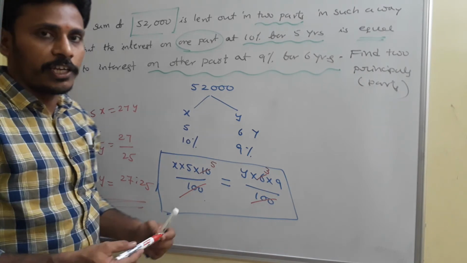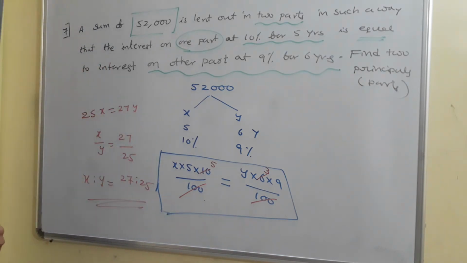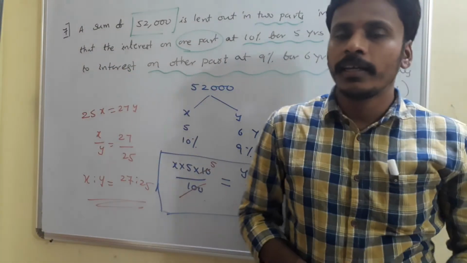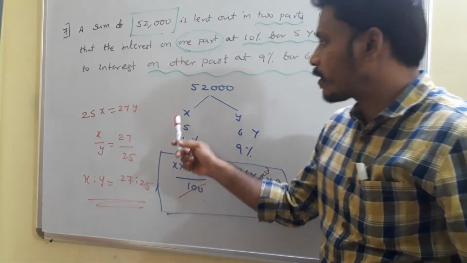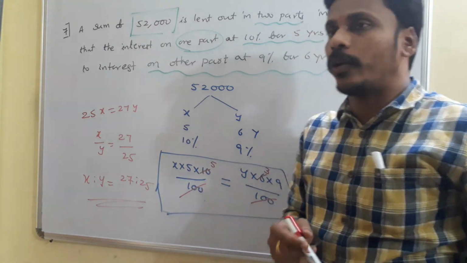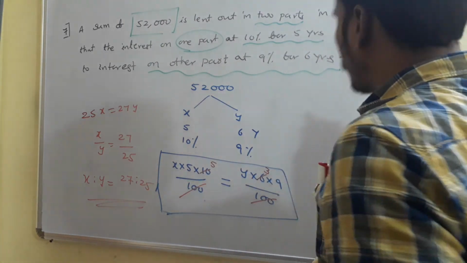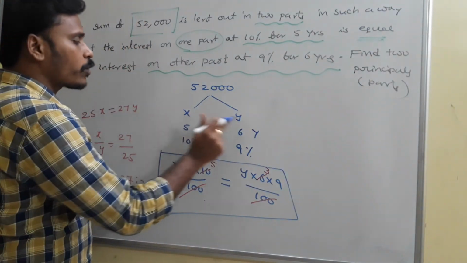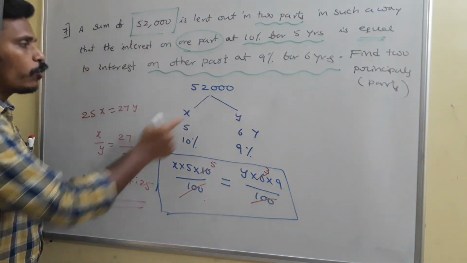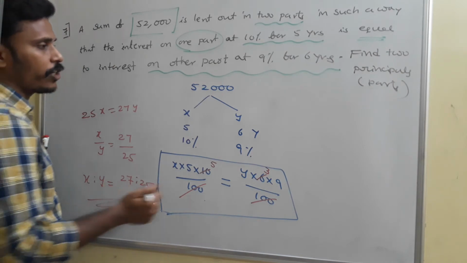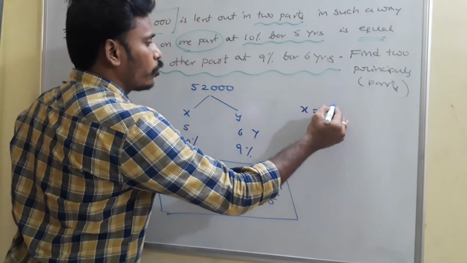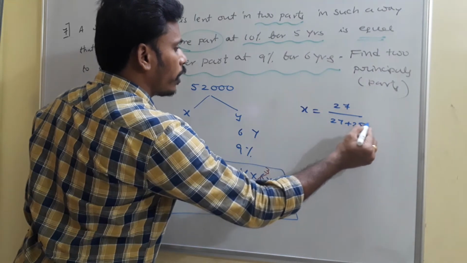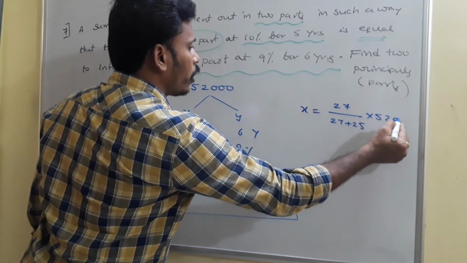So from this relation, since the interest amounts are equal, the ratio between the two parts x and y is 27 is to 25, and they ask us to find the principals. x plus y is 52,000, so we need to divide 52,000 in this ratio. x is equal to 27 parts out of 27 plus 25, into 52,000.